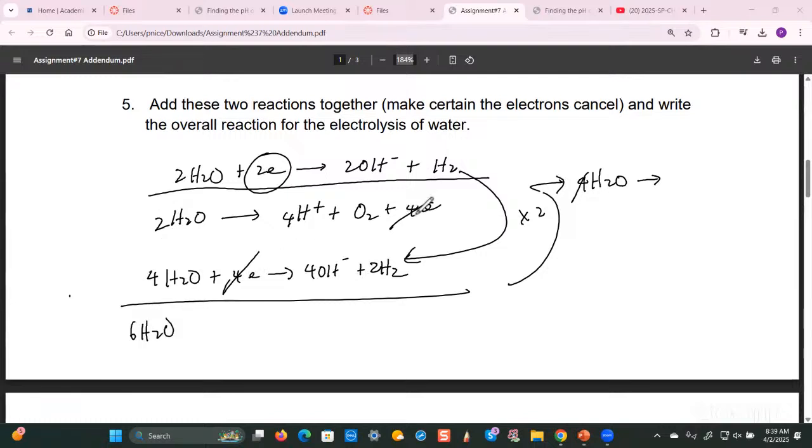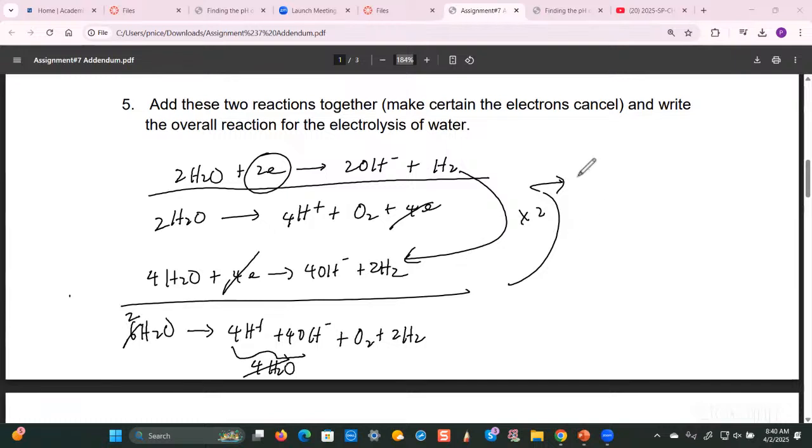These 4 electrons will cancel out. And here we're going to have 4H plus 4OH minus to give, and then plus O2 plus 2H2O, plus 2H2, right? These will give you 4 water molecules. So let me erase this here. So basically these 4 water molecules will cancel out 4 of these, leaving behind 2.